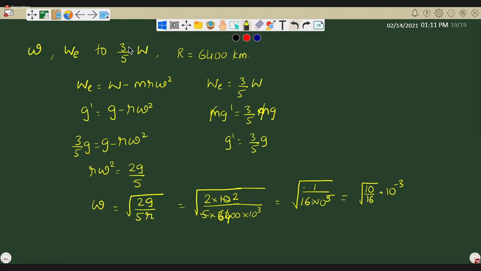I'm multiplying with 10 and dividing by 10, so this became 10 power 6. It came out as 10 power minus 3, so inside it is under root 10 by 16. So root 10 divided by 4 into 10 power minus 3, which is 0.8 into 10 power minus 3 radians per second. That's your answer. Understood?